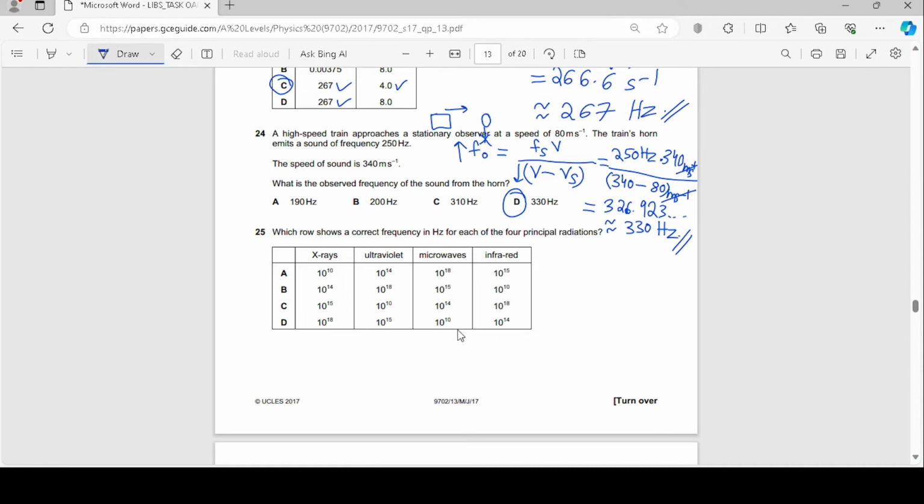Microwaves have frequencies from the magnitude of 10 to the 8 to 10 to the 12 hertz, I think. So 10 to the 10 is the nearest option for microwaves. And so the answer is just D, basically.